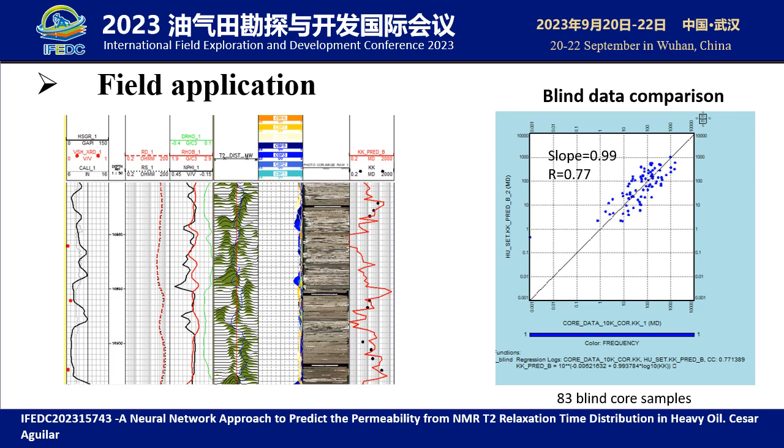Blind data comparison is the most important step to determine if your model reproduces hard data. It doesn't matter if you are using a conventional approach or machine learning. Please use blind data comparison in order to determine the model error.